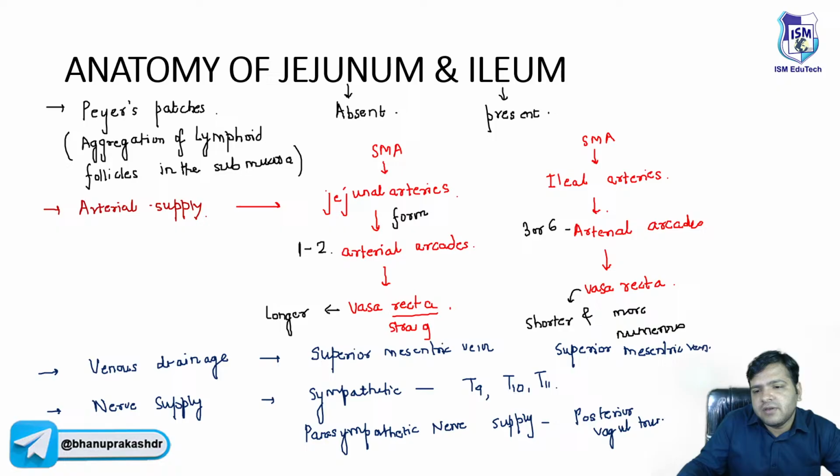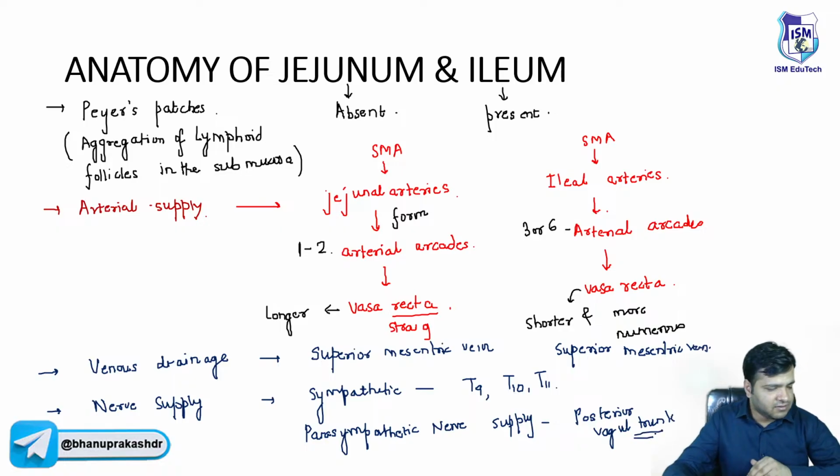You are already aware we have the vagus nerve, and specifically the posterior vagal trunk is supplying the jejunum and the ileum.